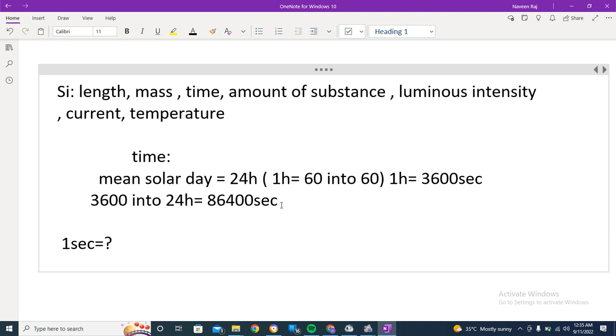Simply, if 24 hours or a mean solar day is equal to 86,400 seconds, then if we do the inverse, 1 second is equal to 1 divided by 86,400 of a day. So I do hope you understand that these types of MCQs can come, and they will be confusing you between the mean solar day, 24 hours, and 1 second is equal to. You just need to confirm the values.